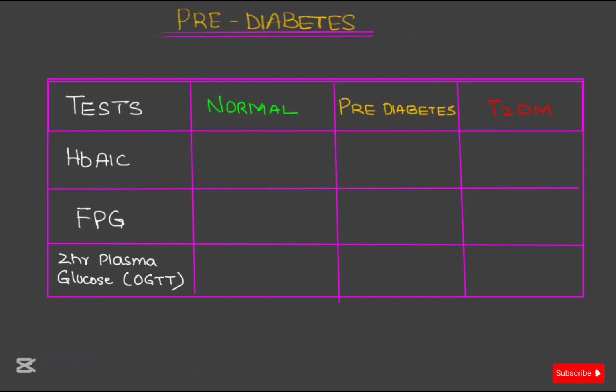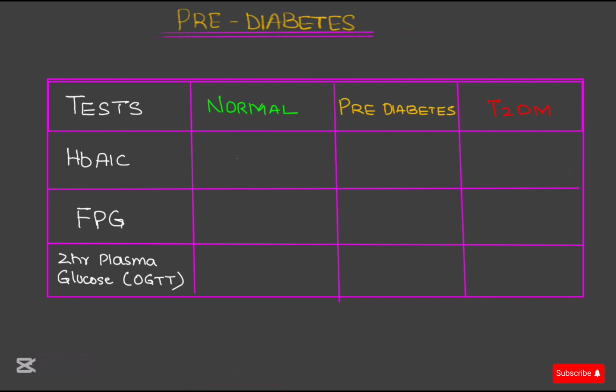Now let's talk about the values of all these three tests in a normal person, in prediabetes, and in diagnosing type 2 diabetes mellitus. These values are very important and they often come up in board exams. So these values need to be memorized by heart.